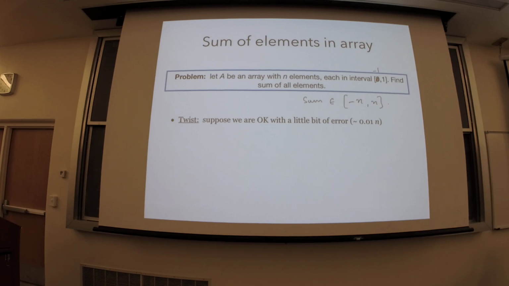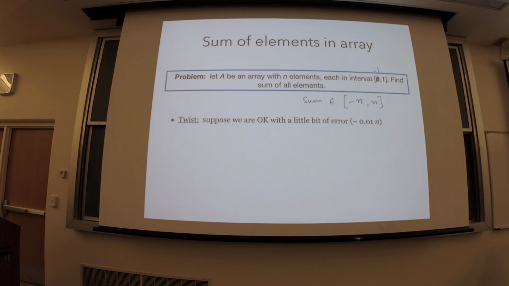Okay. So any thoughts? We are studying sampling, so sampling has to be the answer. But how would you try to solve something like this? Remember, this is totally unsorted.